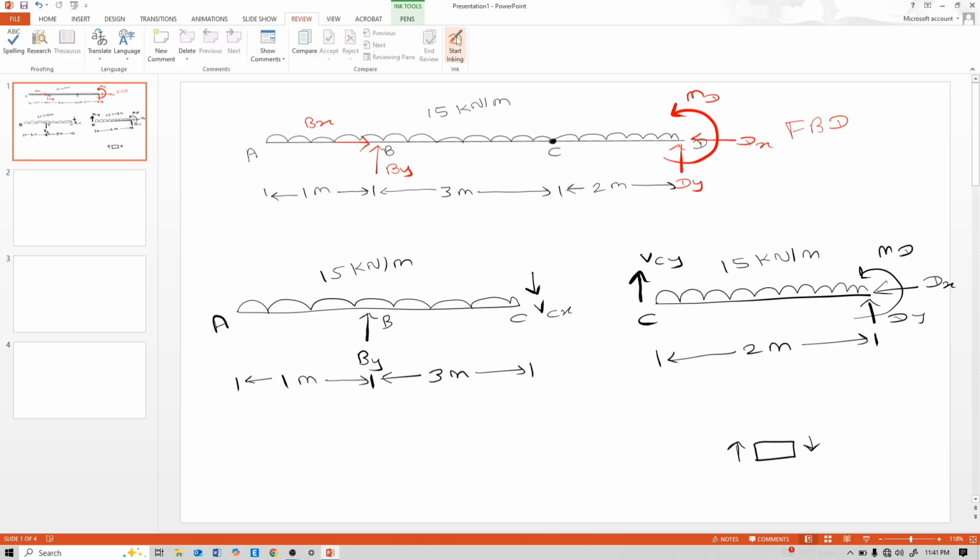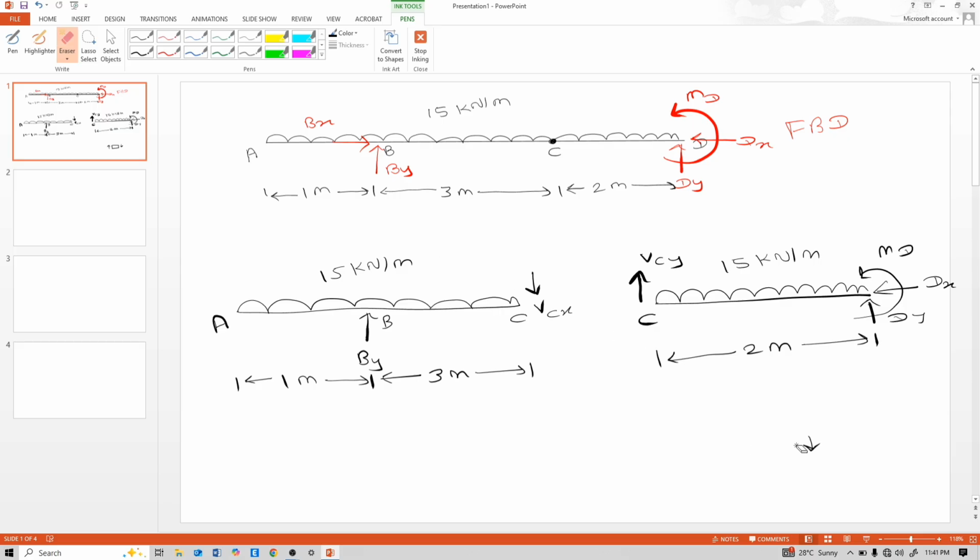Now calculate By from this beam. This is first beam. From this first beam, because see here, three unknowns, here only one unknown.